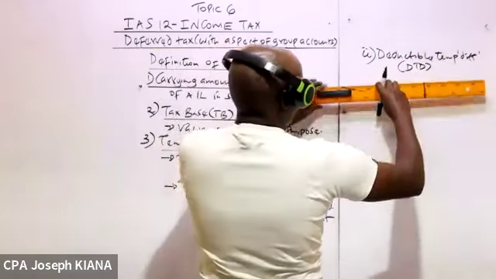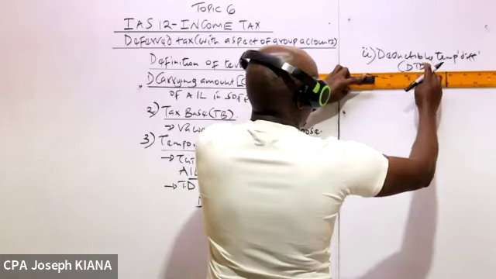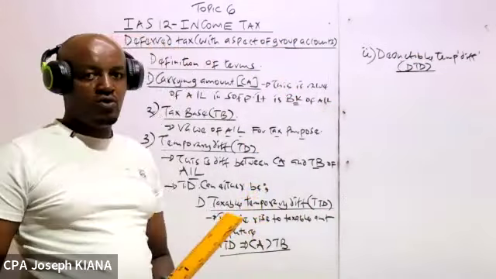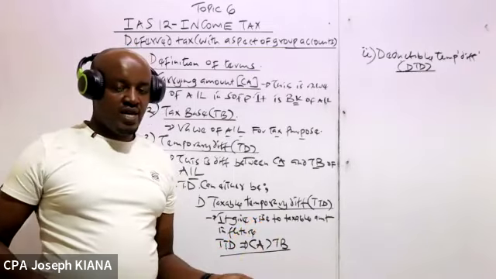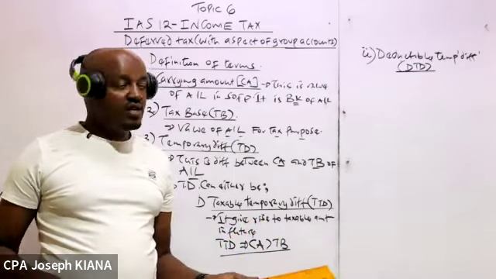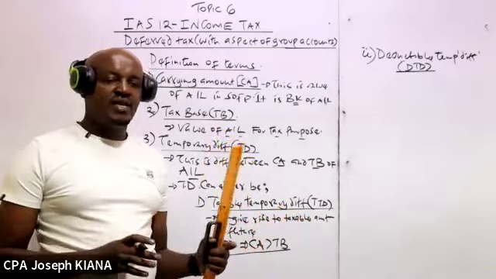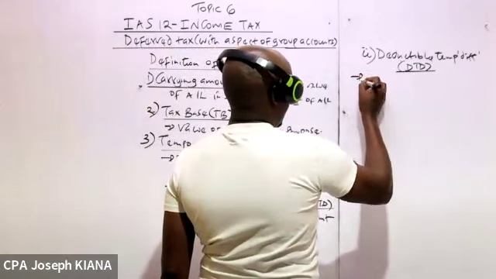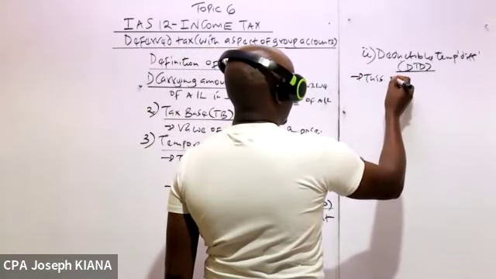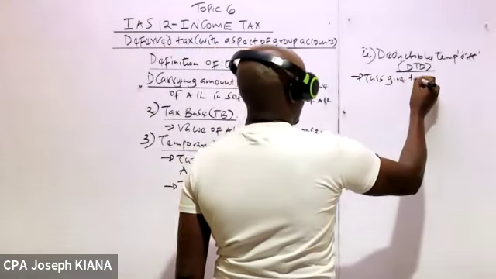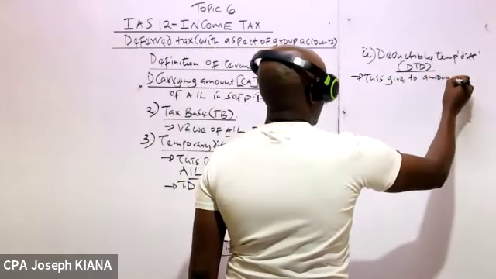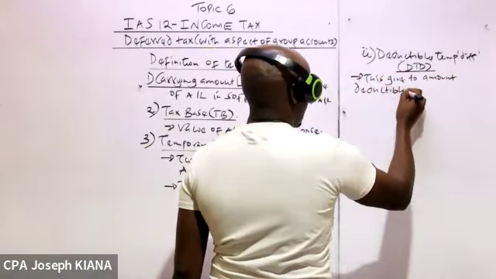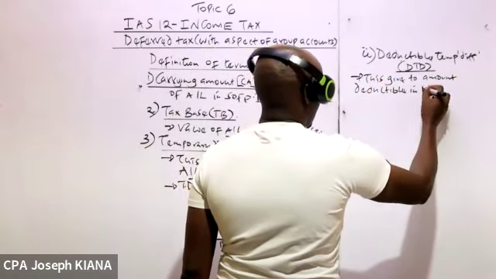This is a type of temporary difference which gives rise to an amount which will be deductible, or an amount which is allowable, in the future once the company sells an asset or settles a liability. So we can say that this one gives rise to an amount deductible in the future.